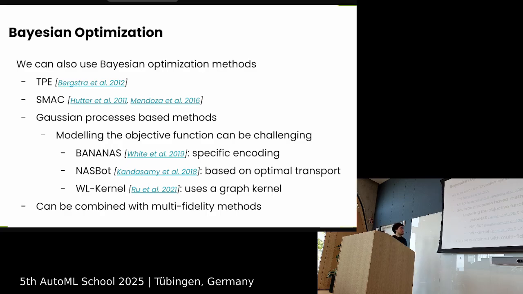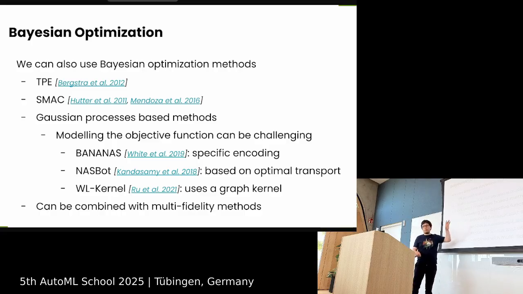For example, BANANAS by White et al. uses a specific encoding of the architecture. NASBot was actually quite interesting. They came up with a new type of kernel based on optimal transport, right? They encode architectures as graphs, and then use an optimal transport method to measure the correlation between those different graphs. In a similar spirit was this paper by Ru et al., who used a specific graph kernel.